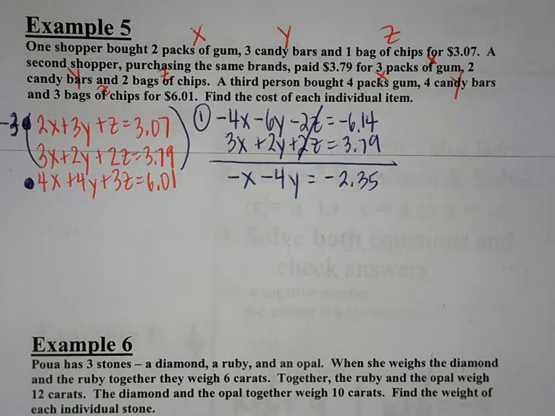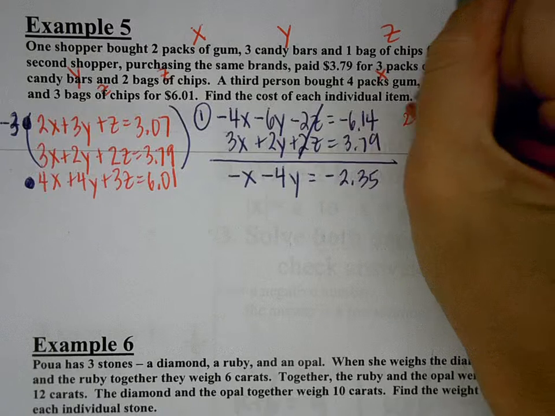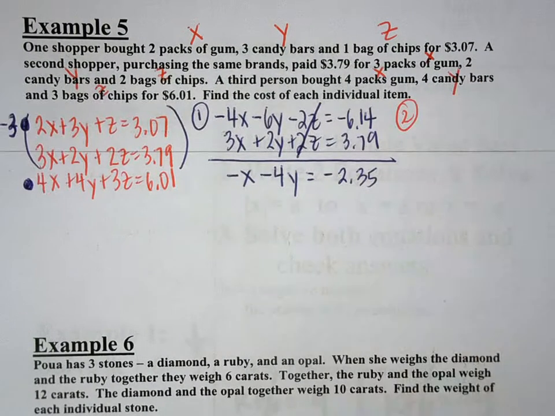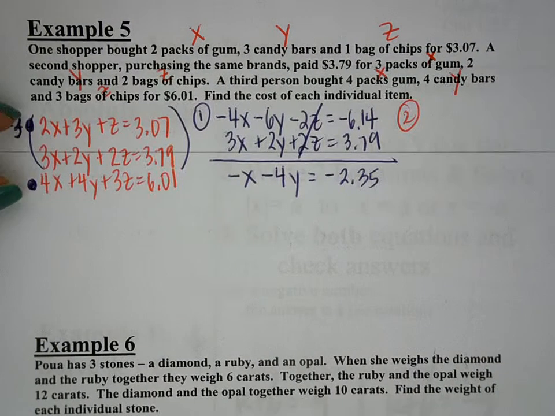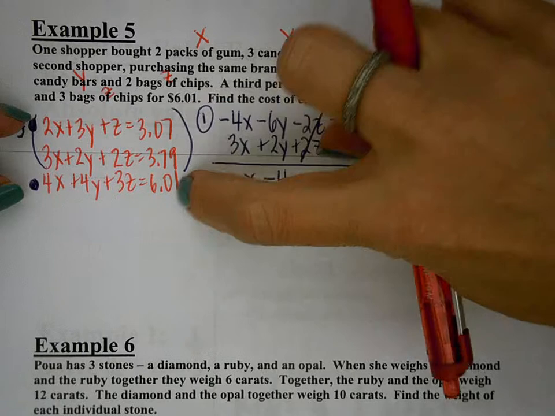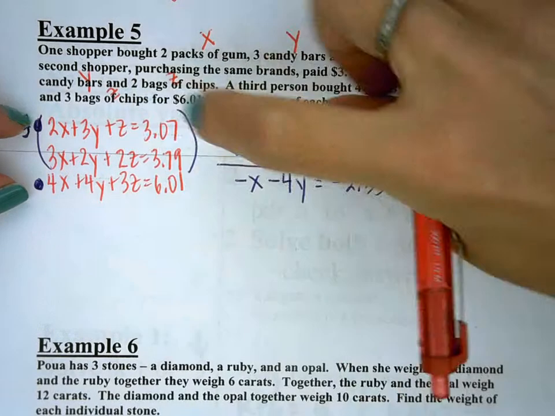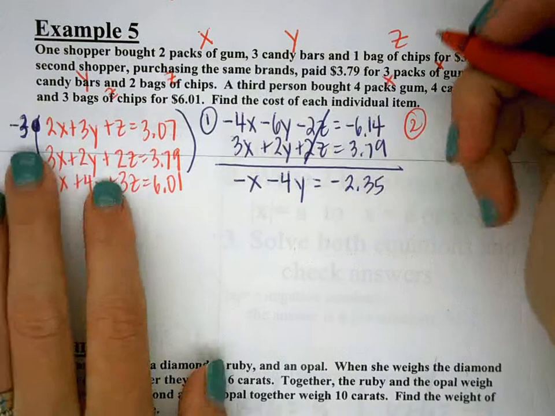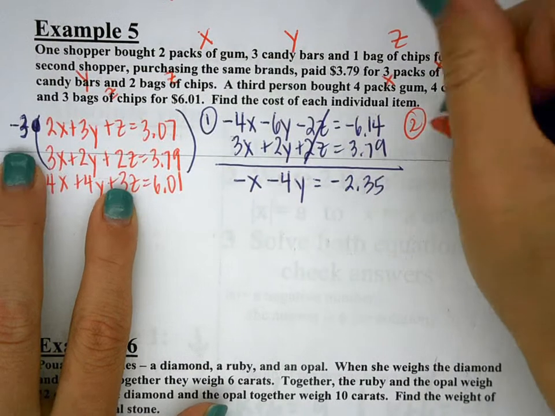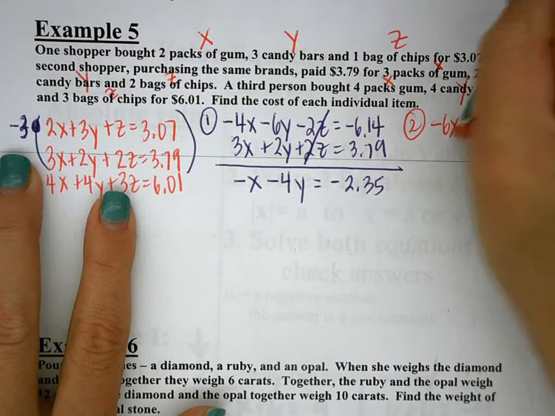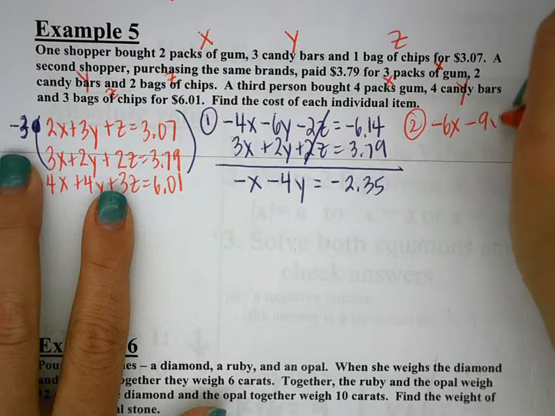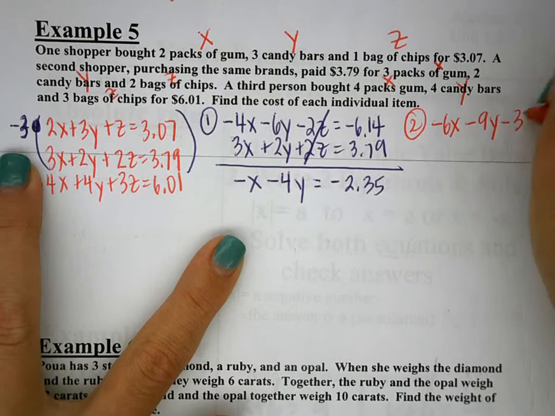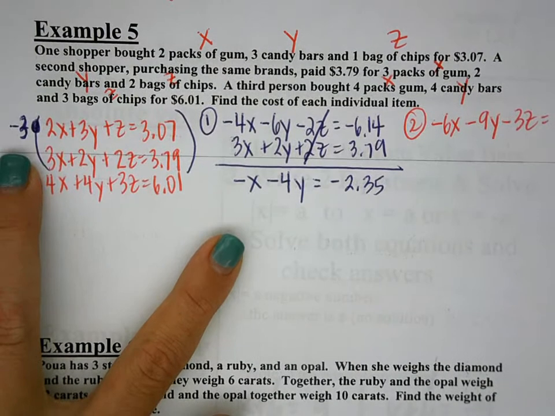Yeah. Okay, so step 2, we need another equation with just x and y. So I already talked about this. We want to use the first one and the last one, but to get rid of our z's again, we have to multiply the top by -3. Okay. So we multiply -3 through and we get -6x minus 9y minus 3z equals, and -3 times 3.07 is -921.